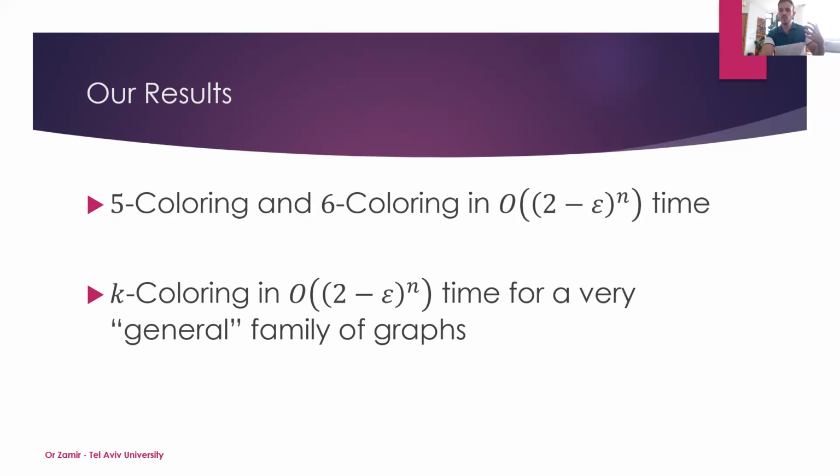So we use the following statements to get the 5 and 6 coloring results. We actually show that in general, k coloring for general k can be solved exponentially faster than 2 to the n for a very large, very general family of graphs.